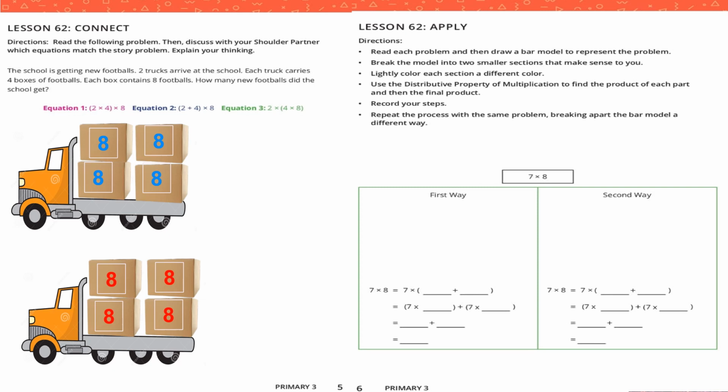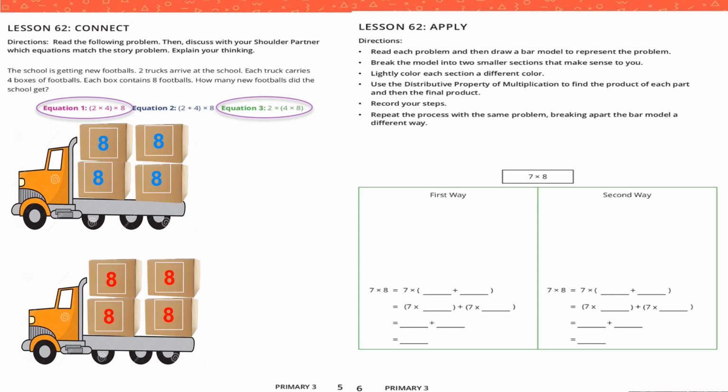Which of these equations represent this story problem? I have 2 trucks, so 2 times 4 times 8. So I can choose equation number 1 and equation number 3. Both of them are correct.